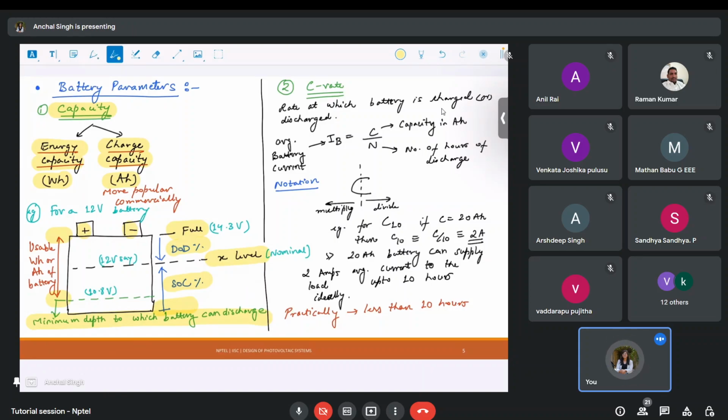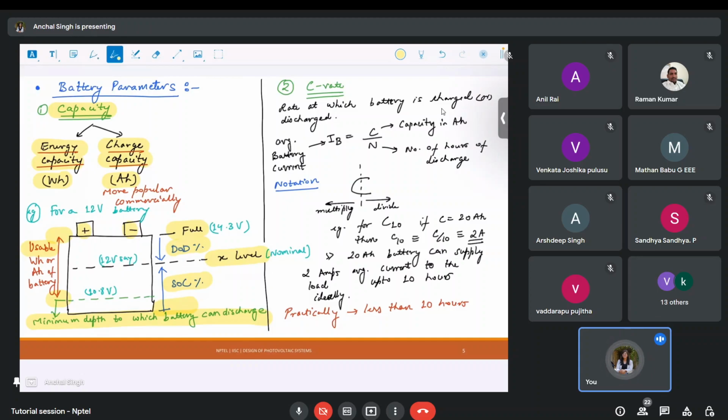When you are given the minimum depth, then you know how much ampere hour capacity is actually usable. Suppose I have a 100 ampere hour battery, but the complete 100 ampere hour will not be usable in practical conditions. I will be able to use only a percentage of it, say 80 ampere hours. The rest of the 20 I will not be able to use. So the usable capacity of my battery will then be 80 ampere hours, right?